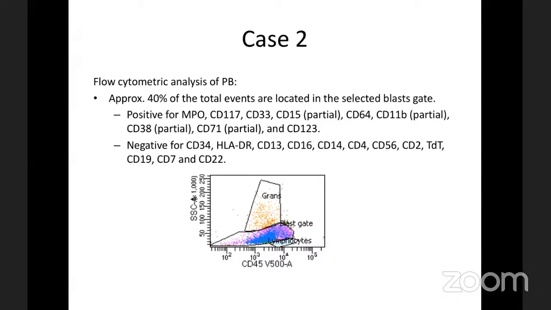And the presence of cupping on the nucleus and the negativity of CD34 and HLA-DR is highly suggestive for the presence of NPM1 mutation or FLT3 mutation. So of course the patient went through bone marrow examination and cytogenetic and molecular study.